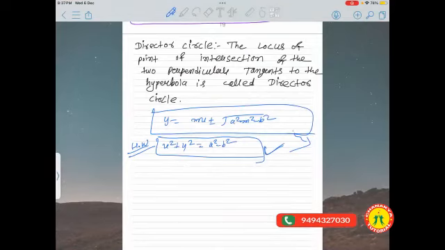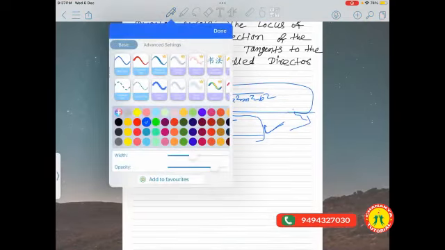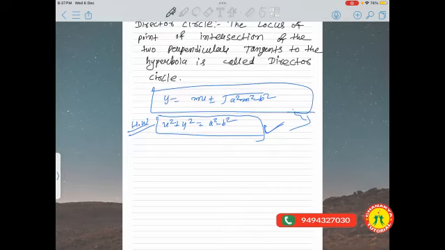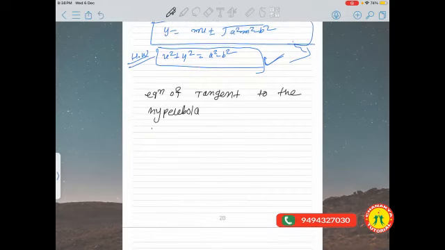It means, so you can write equation of tangent to the hyperbola, that is y equal to mx plus minus root under a square m square minus b square. This is the equation of tangent to the hyperbola.